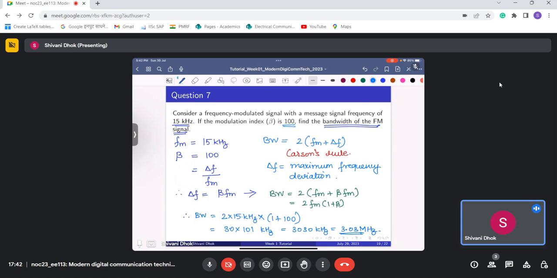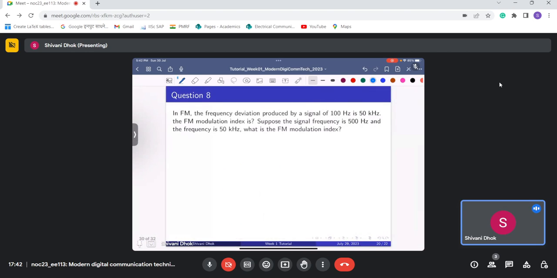Okay, if not, then I'll go on to the next question. This is also a very similar question where we need to find the modulation index, and I'll also add that let's find the bandwidth also. So there are two parts in this question.